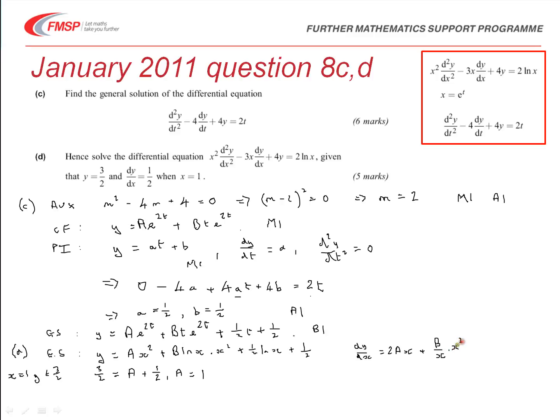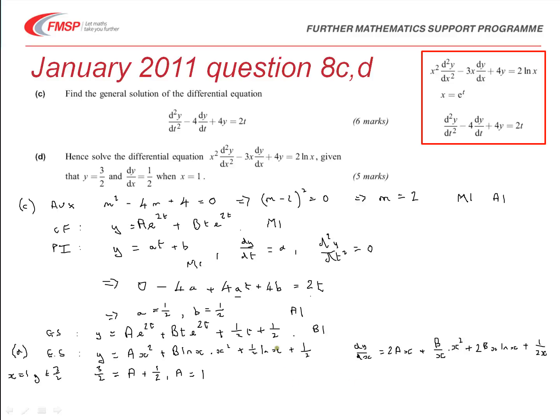And then we've got to differentiate the second part, which gives us plus 2bx ln x. And then the differential of the half ln x becomes 1 over 2x, and the differential of the half is 0.